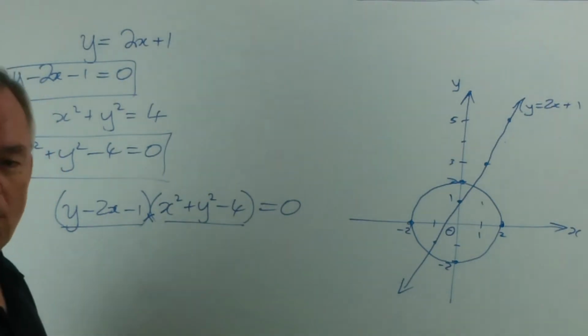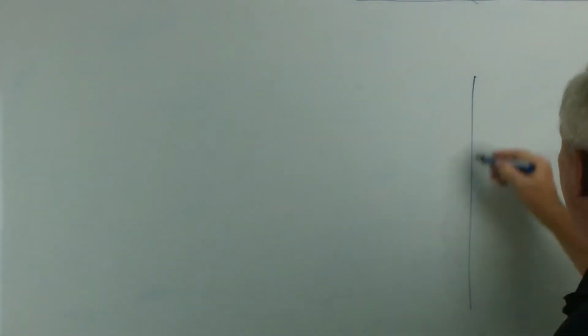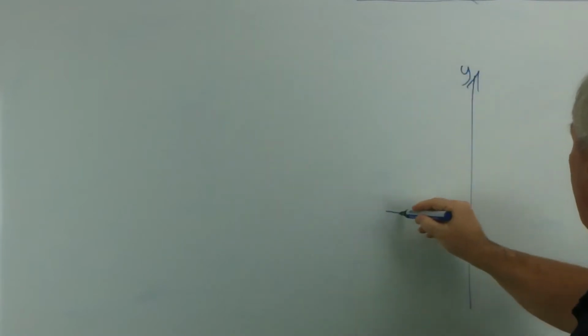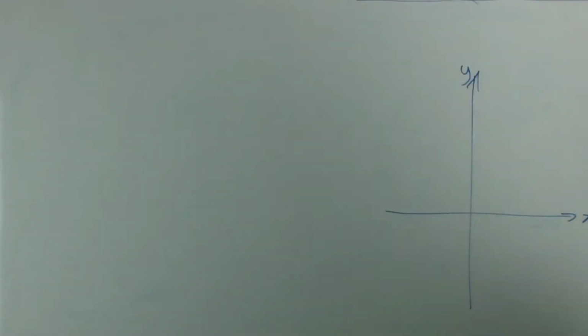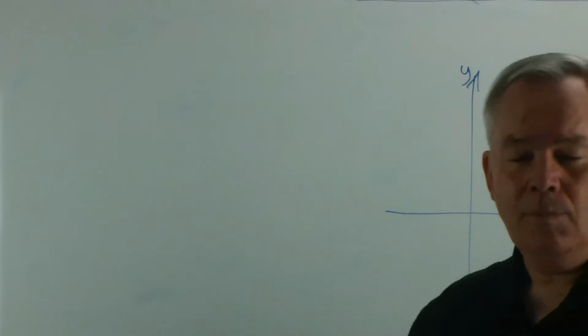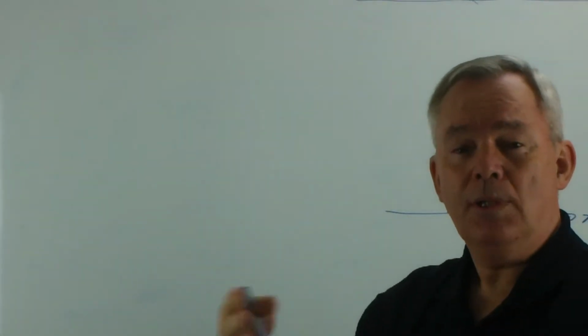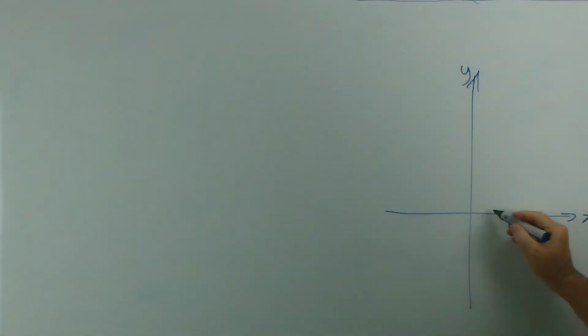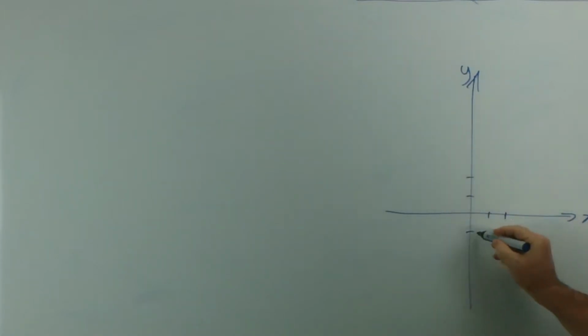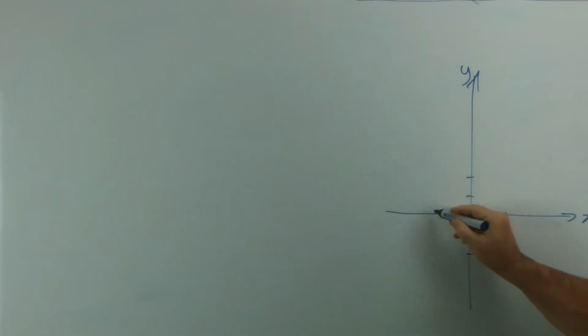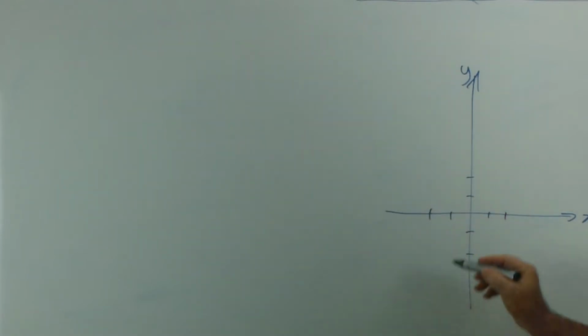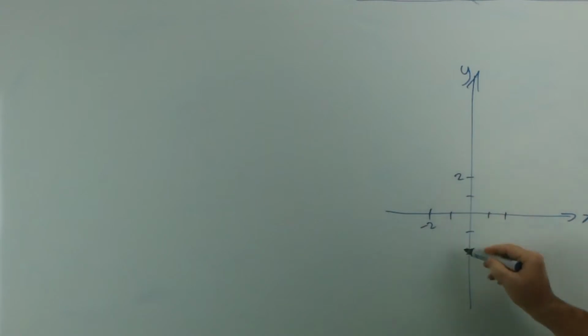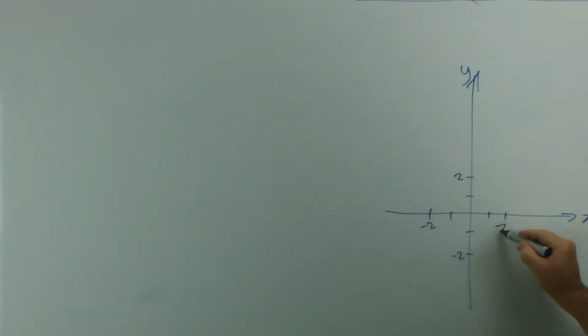Let's do it again with 2 other curves. This time we'll draw the graph first. I'm still going to use a circle, but I'll use a circle and an hyperbola. I'm going to use a circle with a radius of 2 units again.